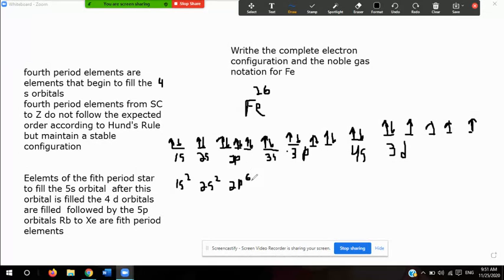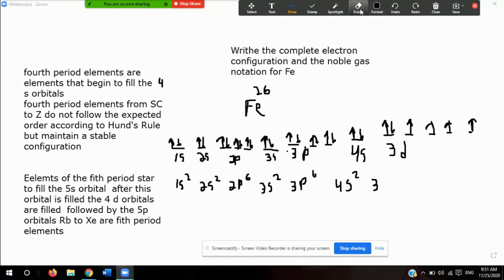Then I go to 3s2. Then I go to 3p6. Then I go to 4s2. Then I'll go to 3d.